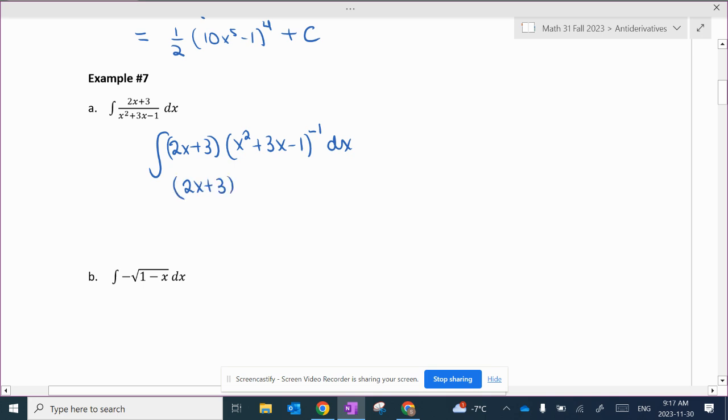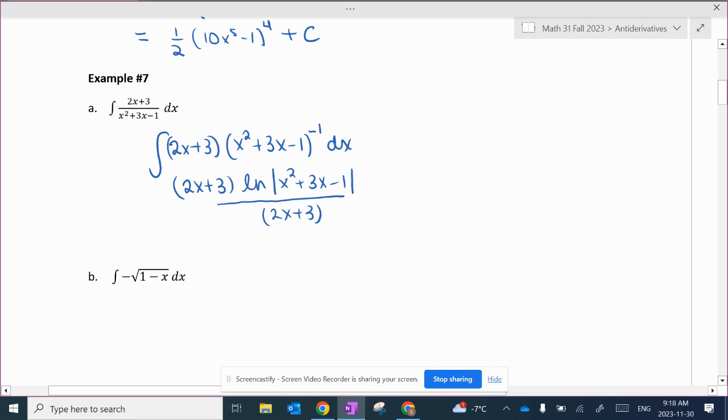How do you find the antiderivative of something raised to the power of negative 1? Natural log, exactly. So it's going to be the natural log of the absolute value of x squared plus 3x minus 1. But then we'd have to divide it by what? 2x plus 3. Okay.